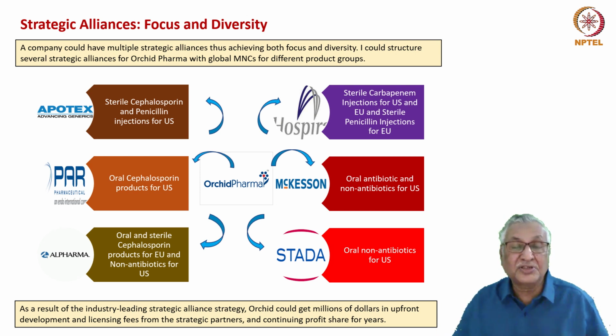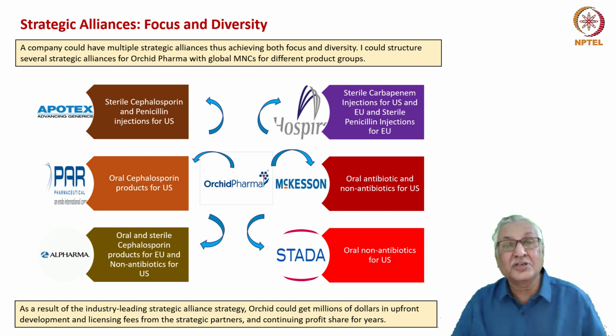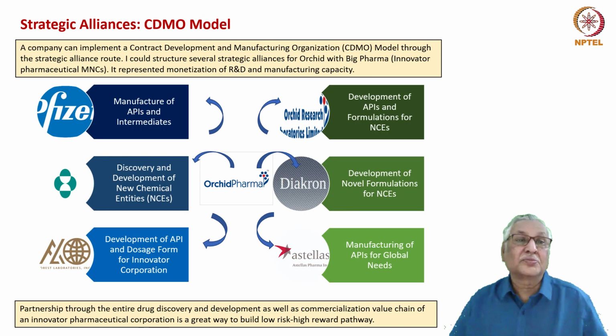As a result of the industry-leading strategic alliance strategy, Orchid could also get millions of dollars in terms of upfront development and licensing fees from the strategic partners, and also continuing profit share for years. So it has been a game-changing strategic alliance strategy for Orchid Pharma.